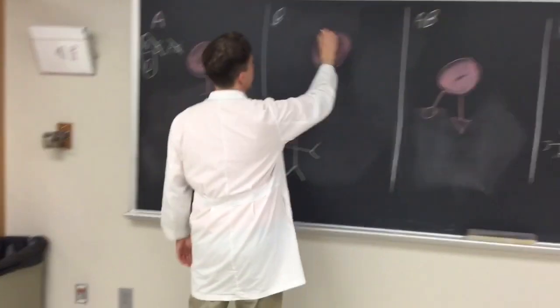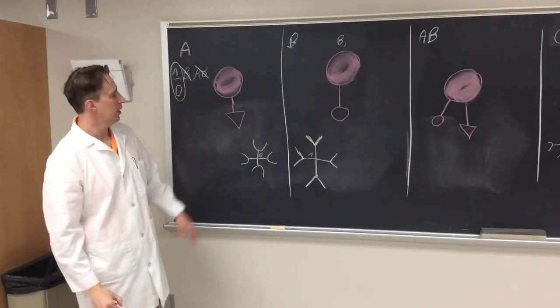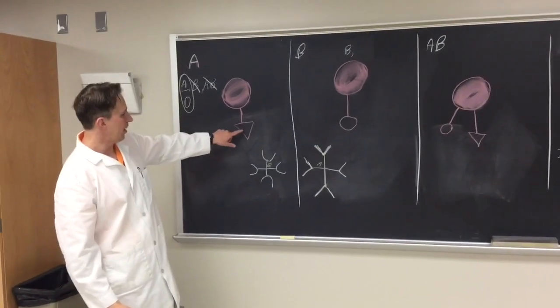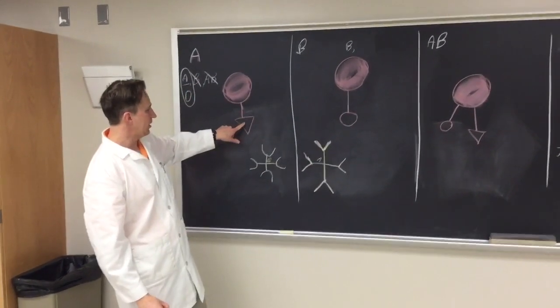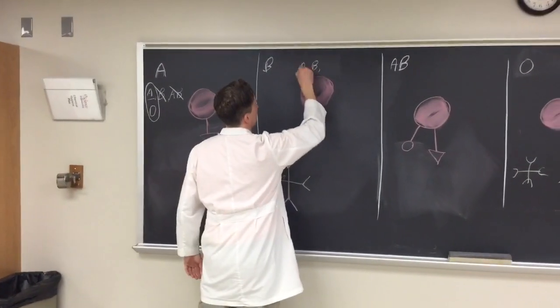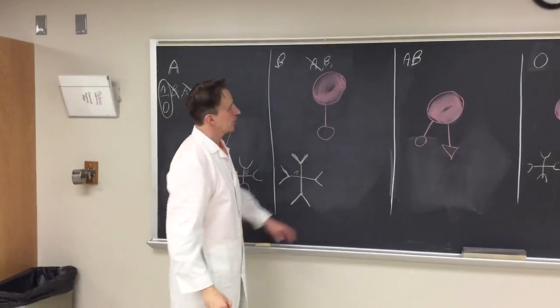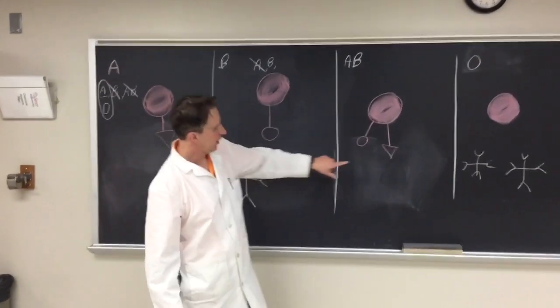Blood type B, can you receive from B? Yes, you can accept from your own. Can they take from A? Remember that you have an A antibody. You'd be putting A antigens into your body. They will agglutinate. A would not be a good idea. Blood type AB, again, A antibody here, A antigen.